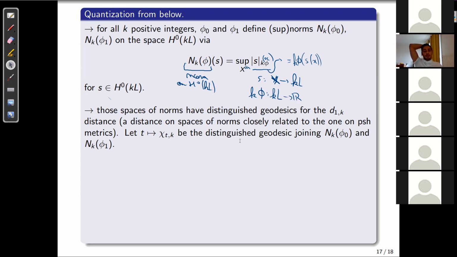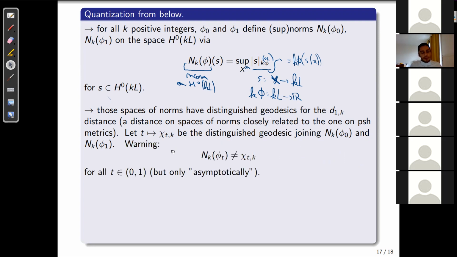But this is why we say distinguished. We have a very explicit expression for this geodesic in the preprint. And so we take this geodesic in the space of norms on sections of KL that joins the subnorm associated to phi 0 and the subnorm associated to phi 1.